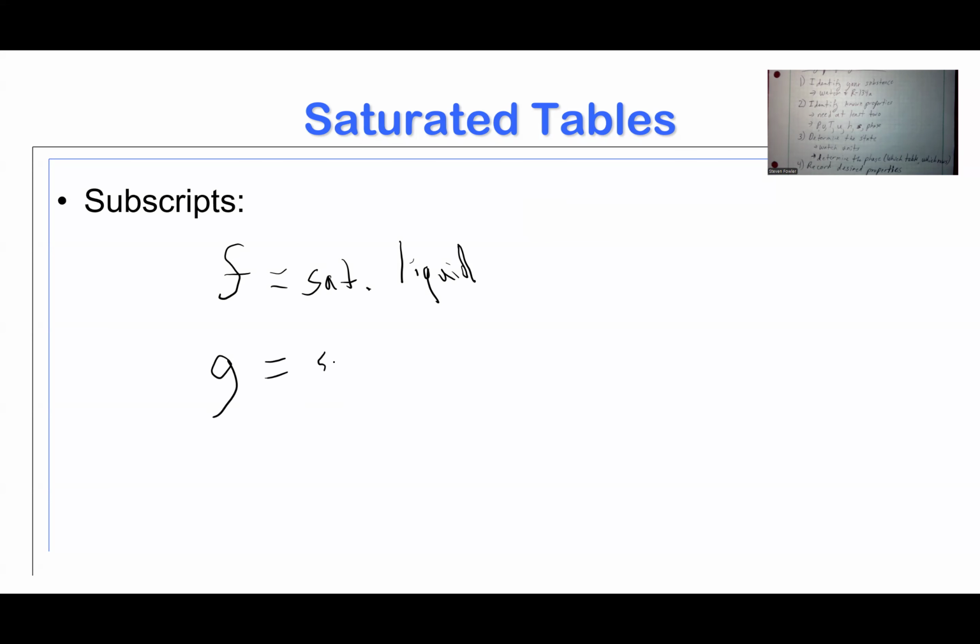Right. The next thing we need to mention here is on the saturated tables, you have these subscripts. A subscript of F refers to saturated liquid, and G tells us that it is saturated vapor.